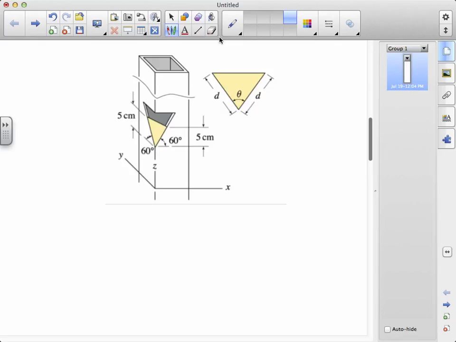To begin, I'm going to just identify some points on this baffle. I'm going to call this vertex O, this vertex A, and this vertex B. And we'll just make a note here that r_OA lies in the XZ plane, and that r_OB lies in the YZ plane.